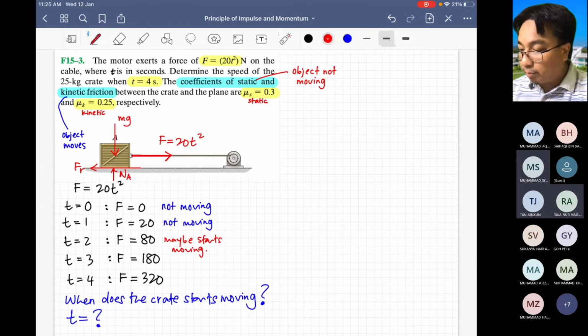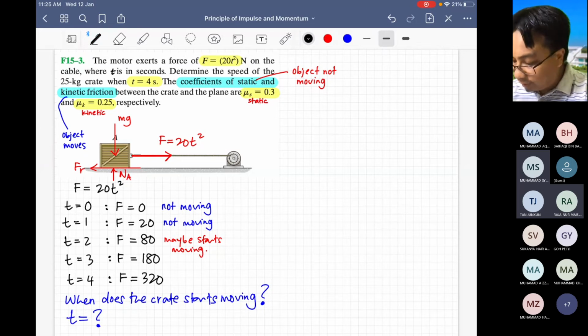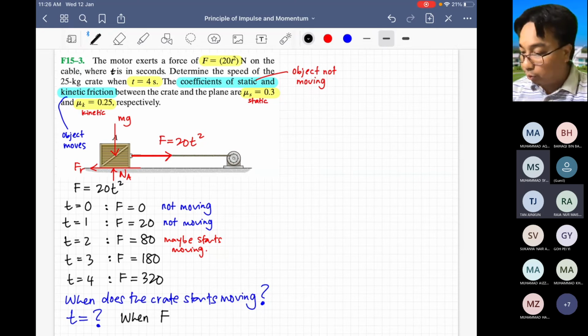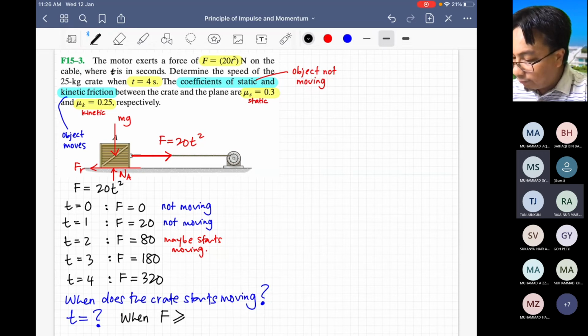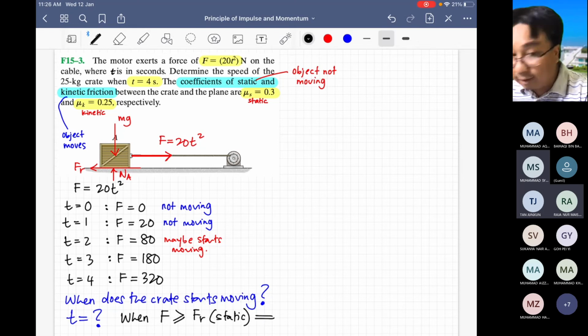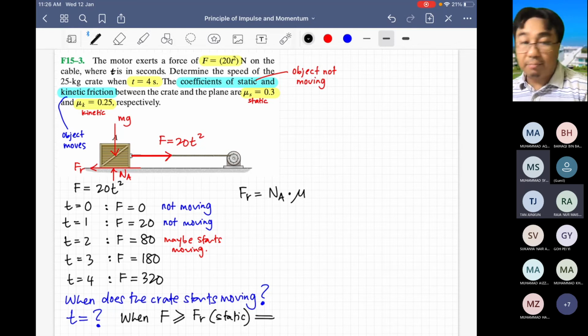So untuk menjawab soalan when does the crate start moving, the crate will start to move is when the force applied, force F equals to 20T square ni lebih besar daripada friction yang static. So friction yang static ini apa? Saya dah beritahu tadi, friction force FR sama dengan N darab dengan mu. So now the question is mu yang mana satu?